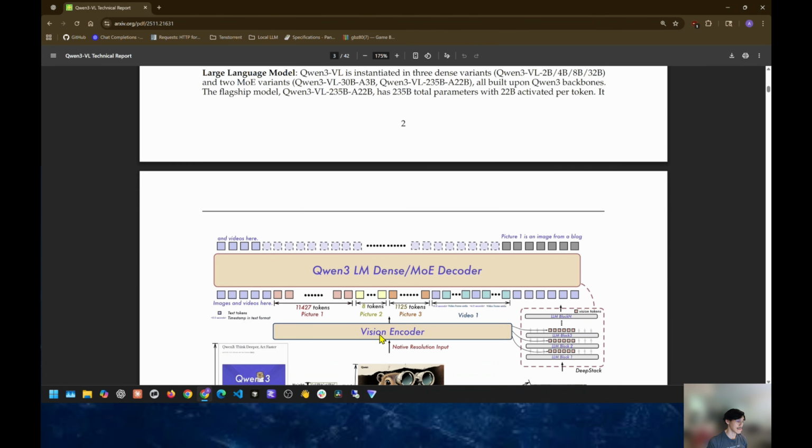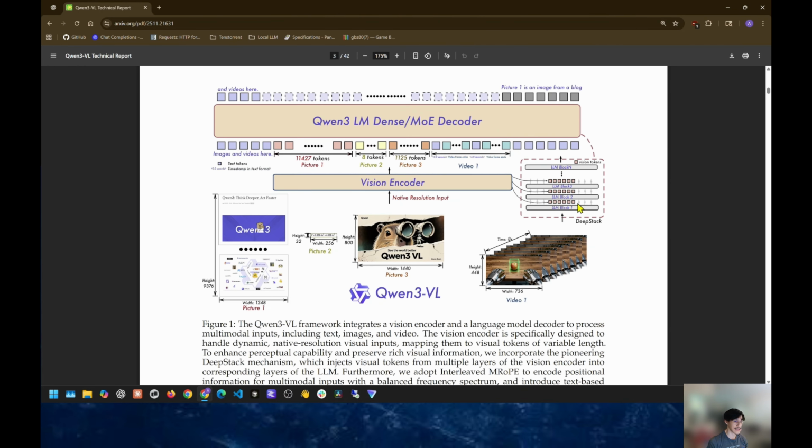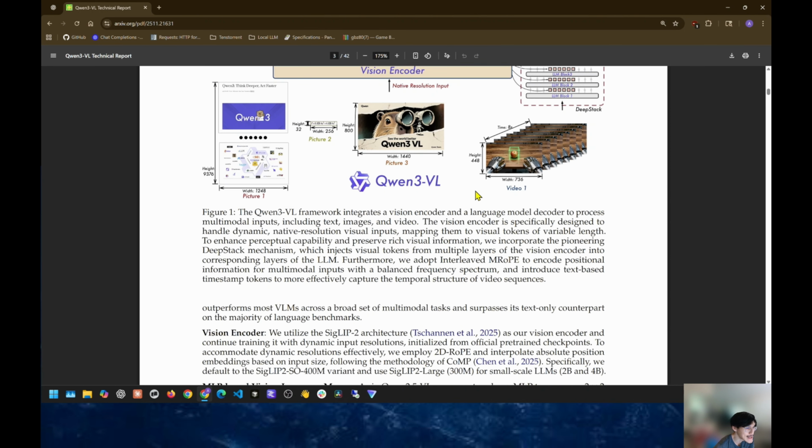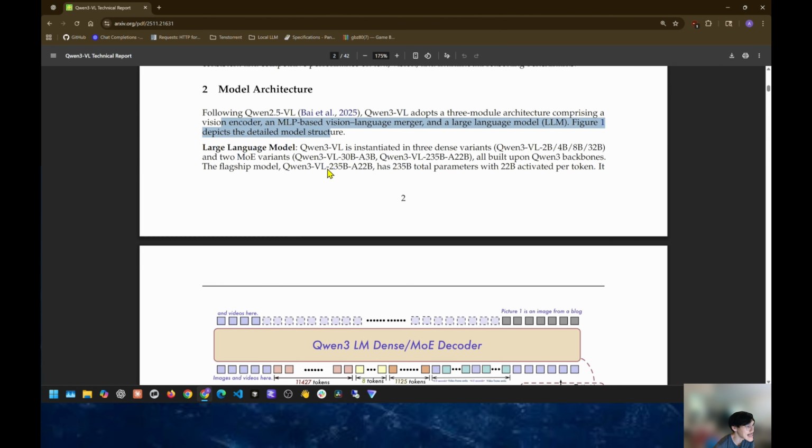So here we go. Here's the language, the vision, and then I think this is the merger, most likely. Looks like it. Okay, well, we can see here. Large language model.